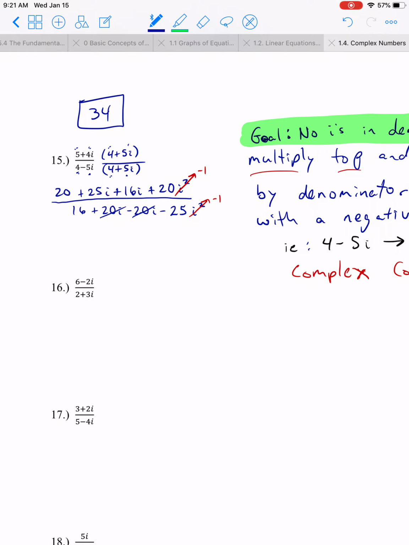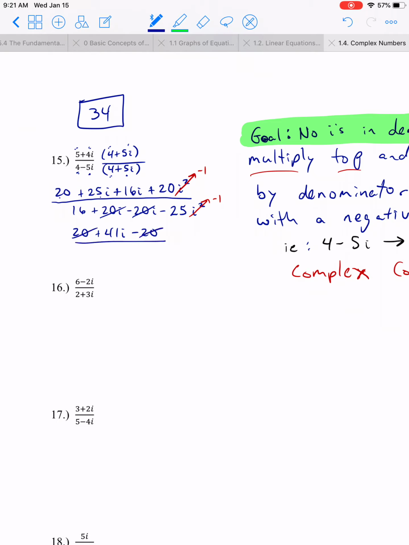So let's go through here. This is a 25 plus 16, which should give us 41i, and then this 20 is actually minus 20. So we have 20 minus 20, those are going to cancel.